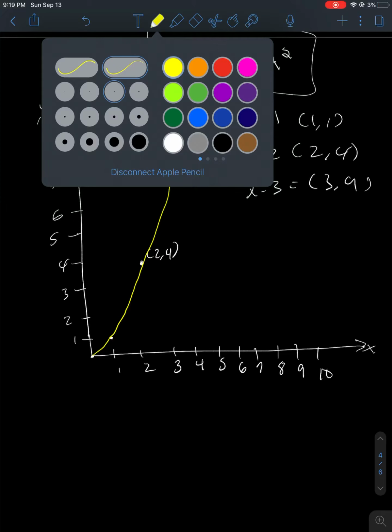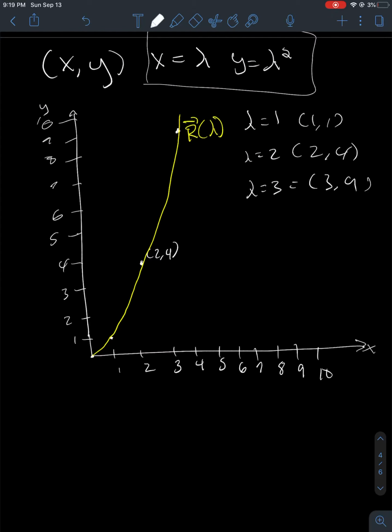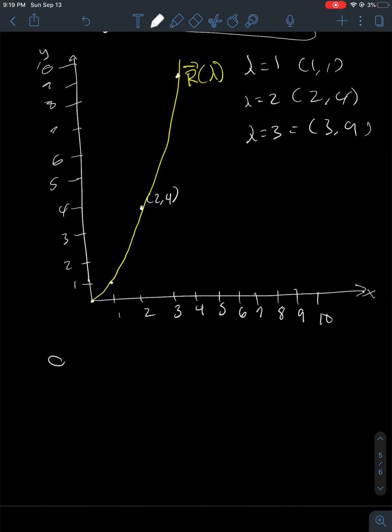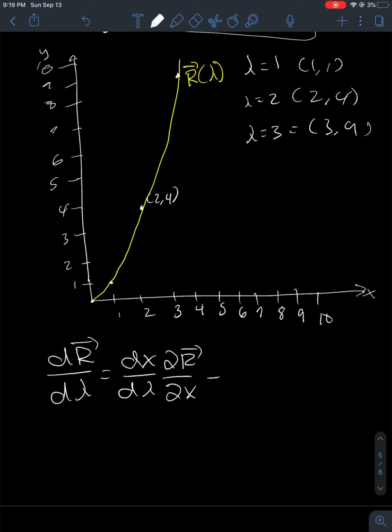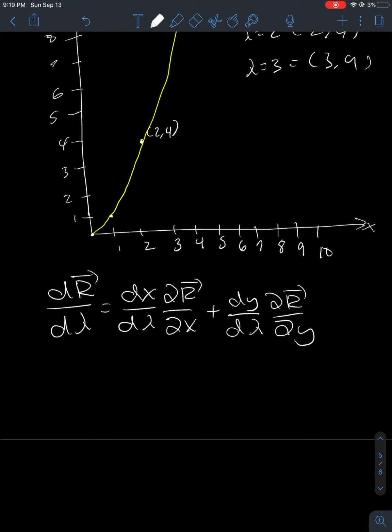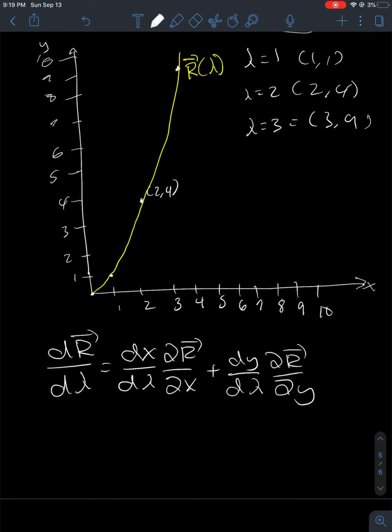So let's say that we want to find the tangent vectors along this path. Well, we just use the multivariable chain rule. dr over d lambda is going to equal dx over d lambda times partial r over partial x plus dy over d lambda partial r over partial y. So what's dx over d lambda?